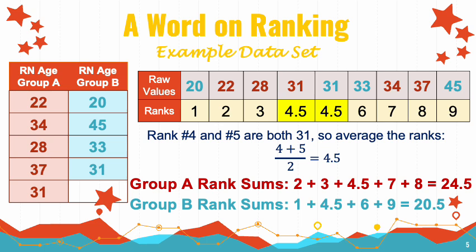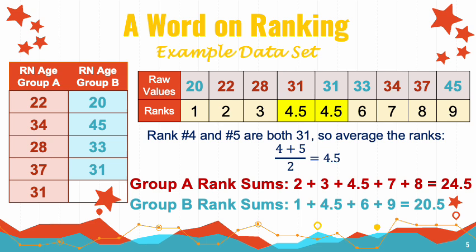So the red ones are group A. So we have 22, that's rank 2, 28, that's rank 3, 31 is rank 4.5, 34 is rank 7, and 37 is rank 8. I am not adding the raw values together. I am adding their ranks together, as you can see on the slide.